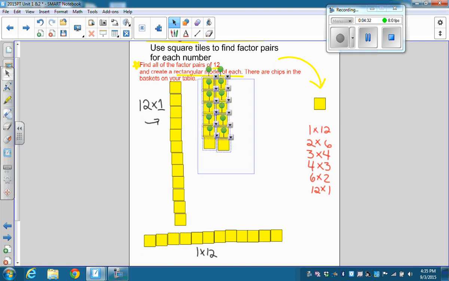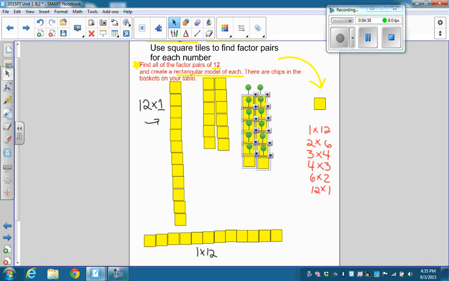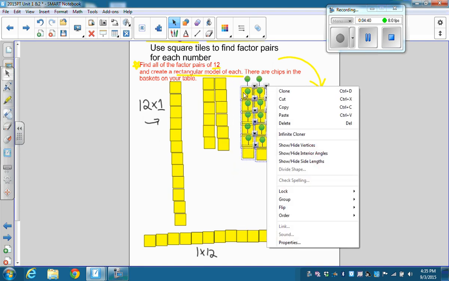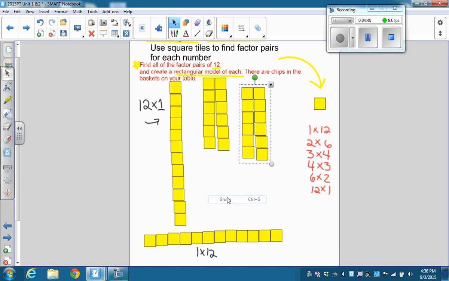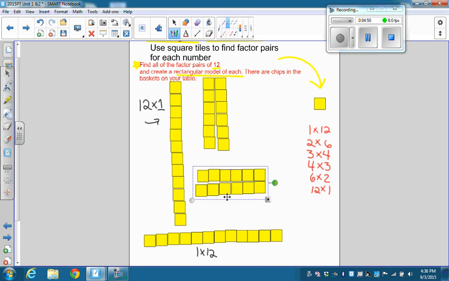So let's see. Hit group. Oh, wait, hit clone. Okay, I'll slide it. Alcy, hit group. Then I'll rotate it. And so this is a 6 by 2, and this would be a 2 by 6, you can write on it.